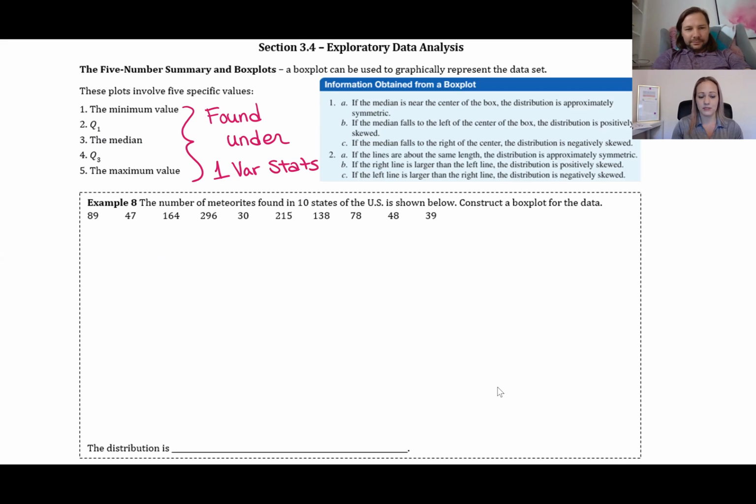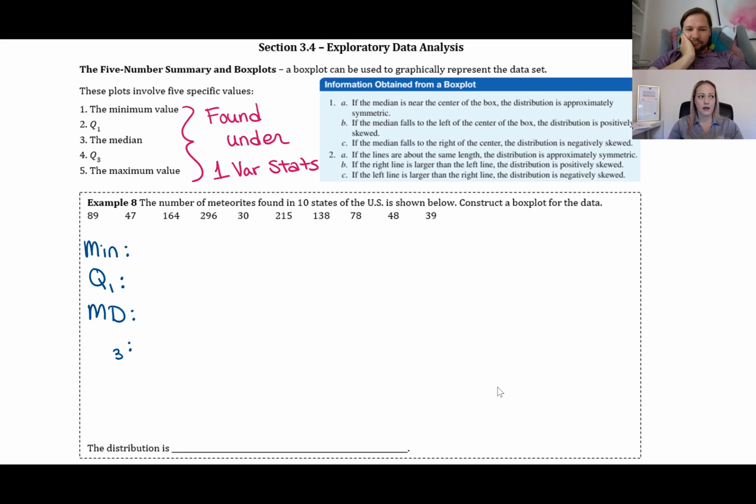The 5-number summary is the minimum value of your data set, Q1, Q2, which is the same thing as the median, Q3, and then the maximum value of your data set. None of those are terribly tricky to find, but can we do it in our calculator? Yes, your calculator will do that 5-number summary for you, which saves you some time. For example 8, put those values into a list in your calculator, in L1, then go to one variable stats and run it for L1.